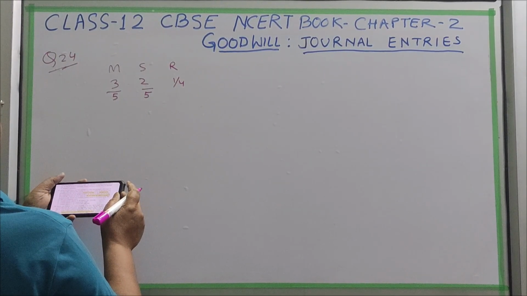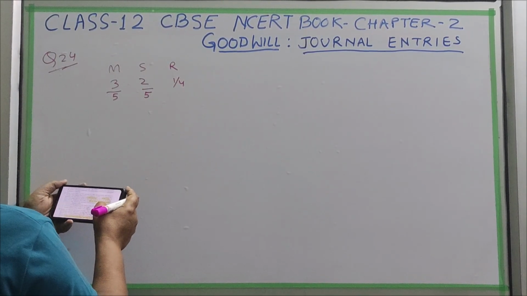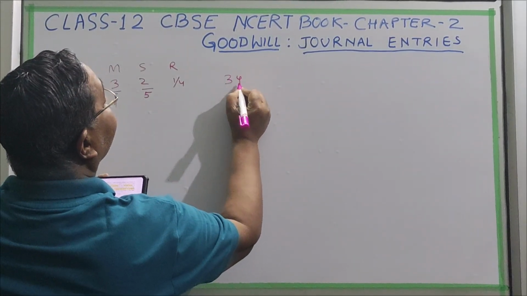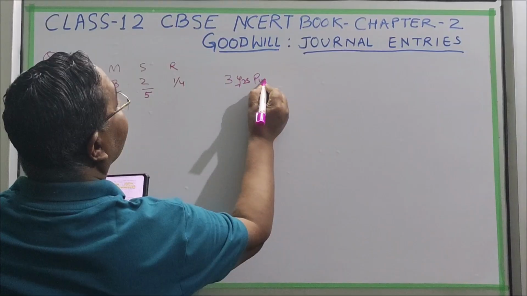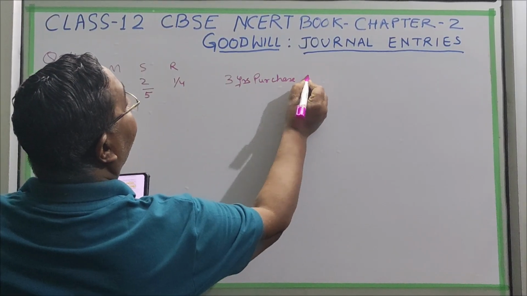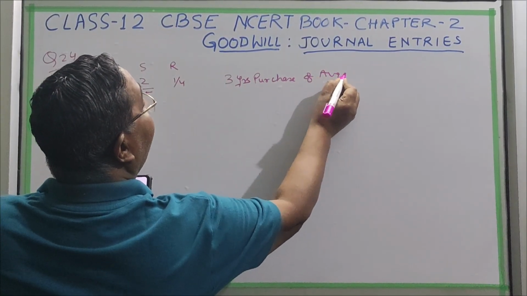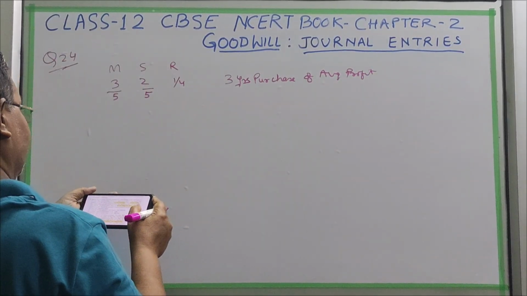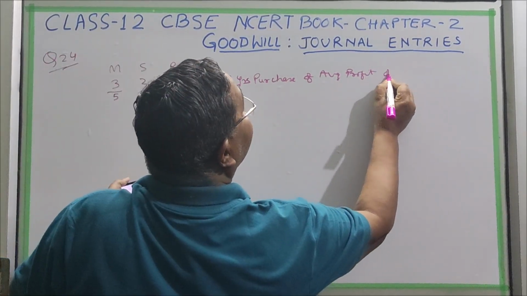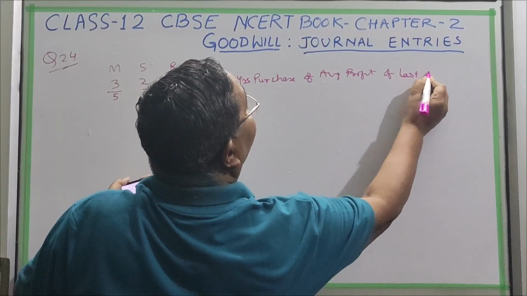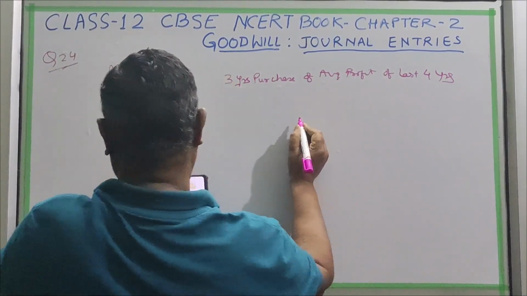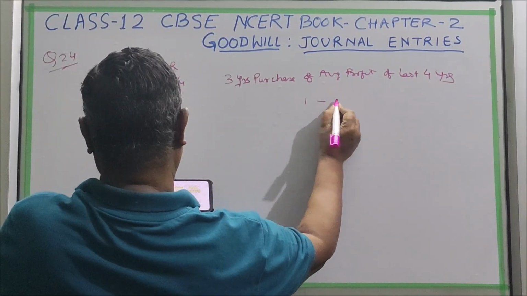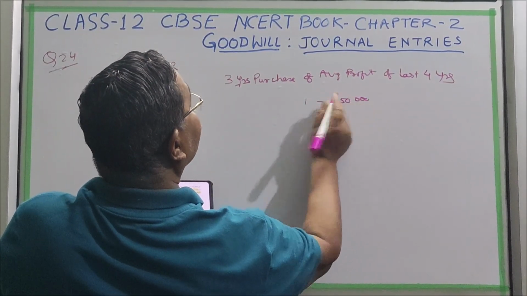It was agreed that the goodwill of the firm will be valued at 3 years' purchase of the average profit. Average profit of how many years? Average profits of the last 4 years. So 4 years' profit is required. So first, 1 year is 50,000 in 2013.